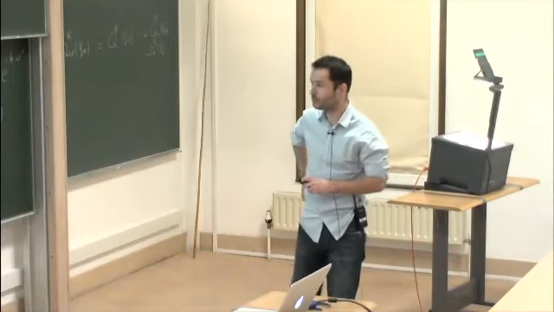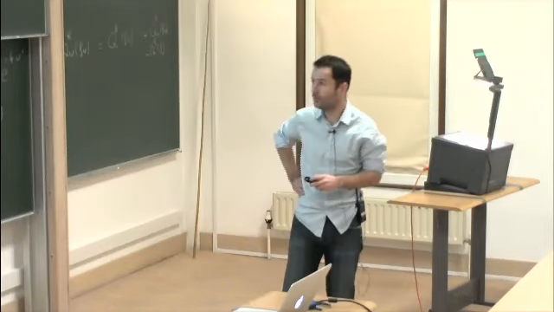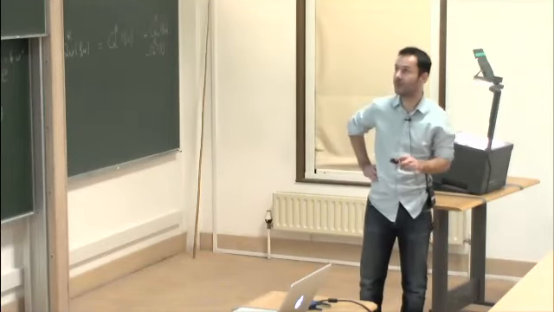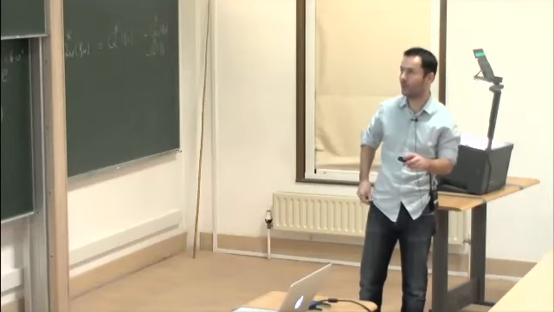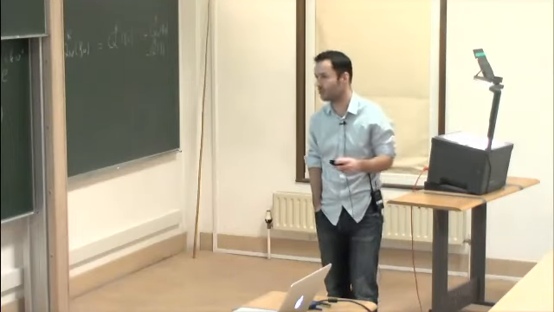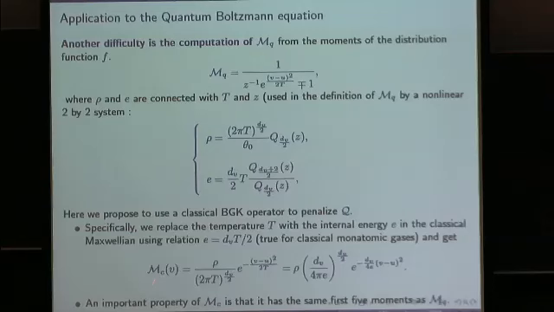So what we propose with Shijin and Jingwei Hu is to replace this quantum Maxwellian by a simplified Maxwellian, which is the classical one, where we compute in this classical Maxwellian, the temperature is given by the internal energy is given by dt over 2.